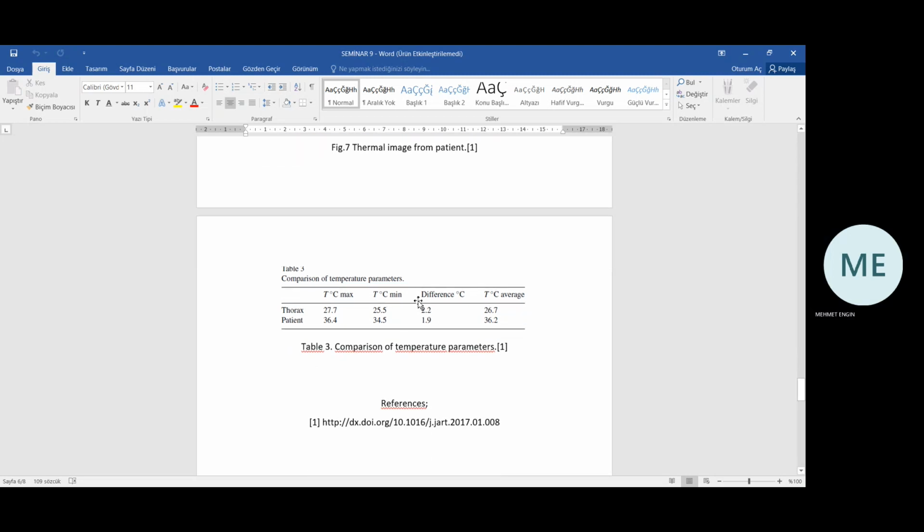Conclusions. Thermal imaging was proved to be an effective complementary technique for detecting breast pathologies, helping cancer diagnosis because of its sensitivity, specificity, comfort, and low cost.